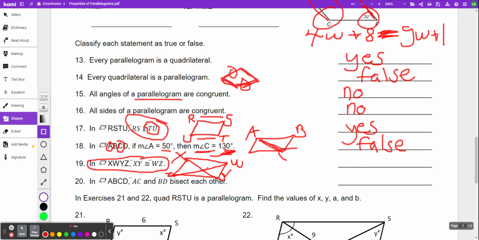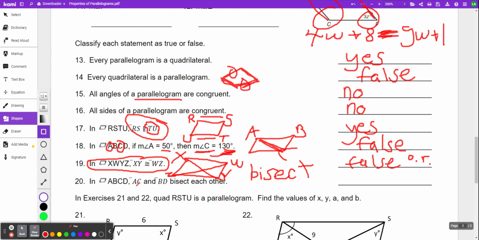The diagonals are not the same size. They bisect each other. They bisect, but they're not congruent unless it is a rectangle, which doesn't say it's a rectangle. False. Only rectangles. Hope you have your sound on.